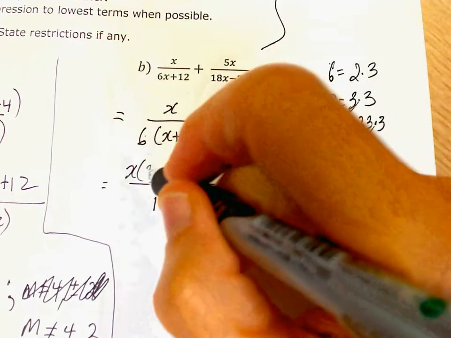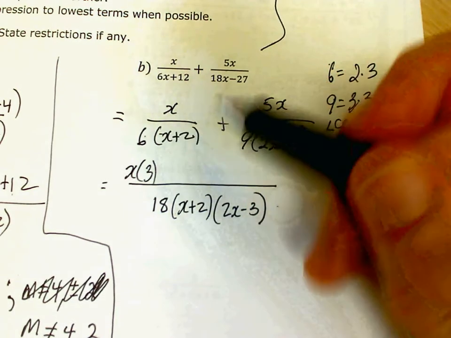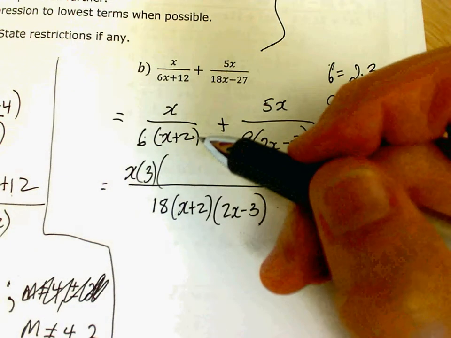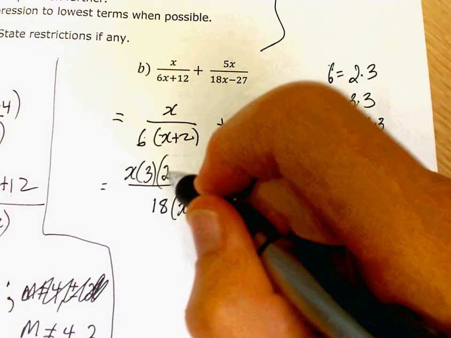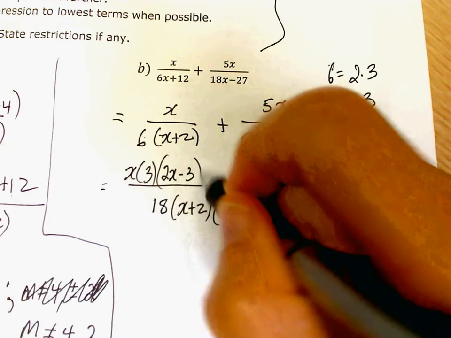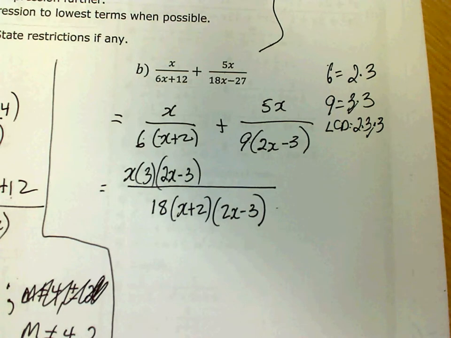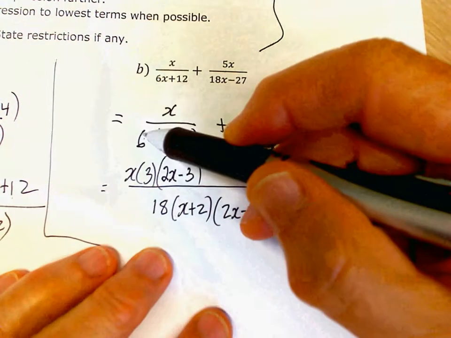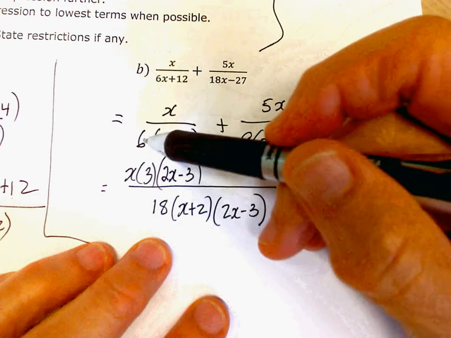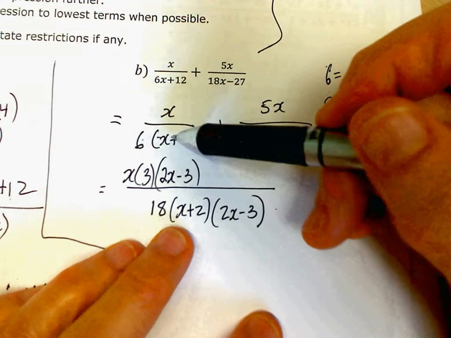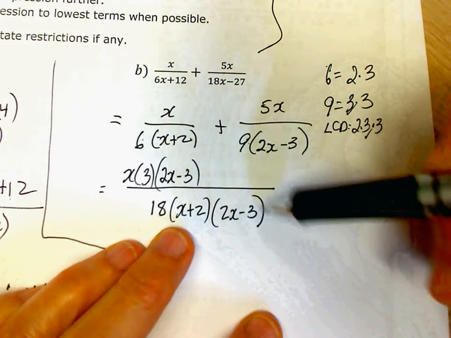To get from x plus 2 to x plus 2 times 2x minus 3, we have to multiply by 2x minus 3. Can I explain it better? To get from 6 to 18, I had to multiply by 3, right? To get from x plus 2 to x plus 2 times 2x minus 3, I had to multiply by this.